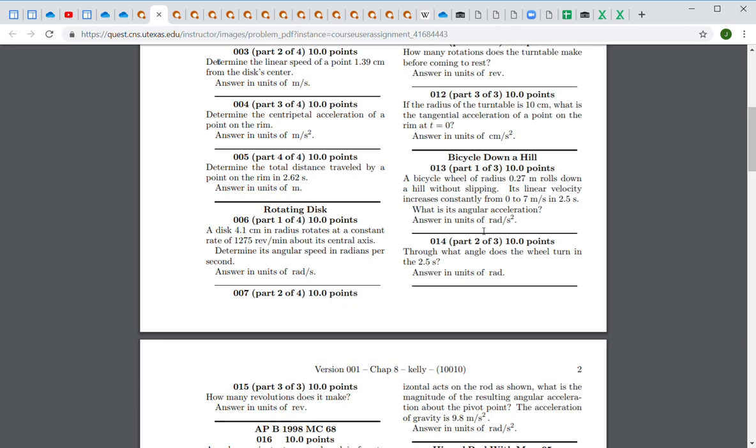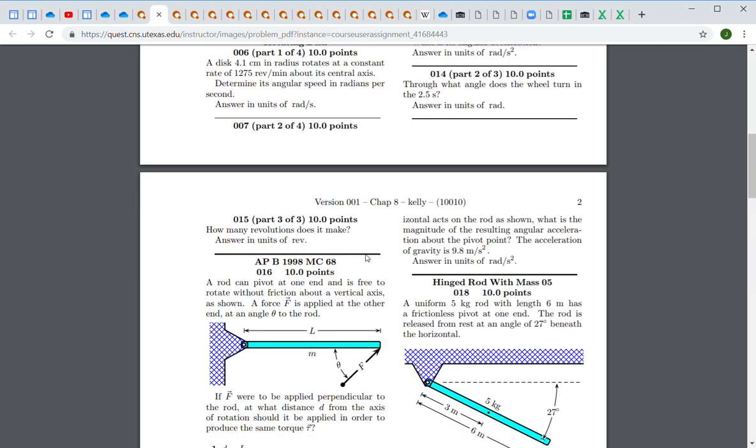We figured out what omega final was above too, so we can figure out what delta theta is, and if we put everything in SI units, delta theta will be in radians, so that's ready to put in for this particular problem.